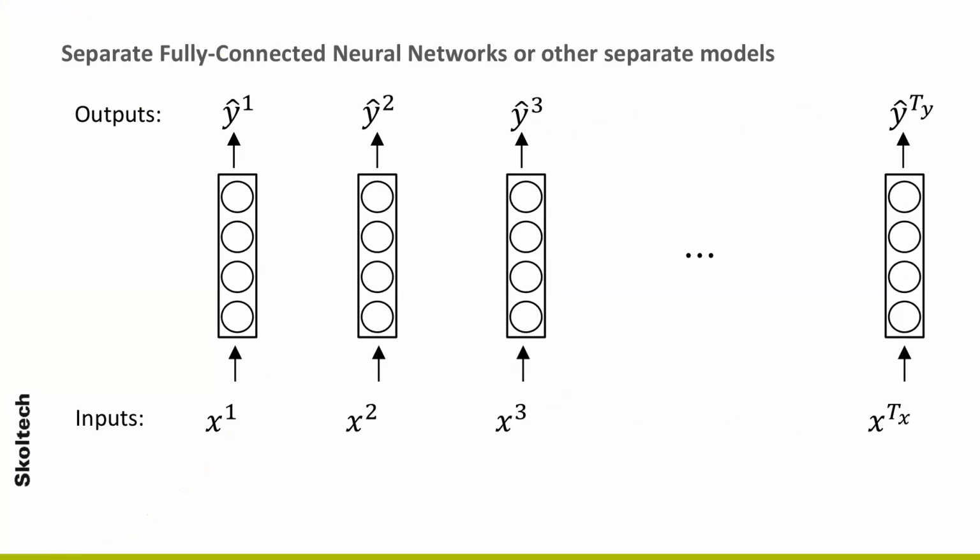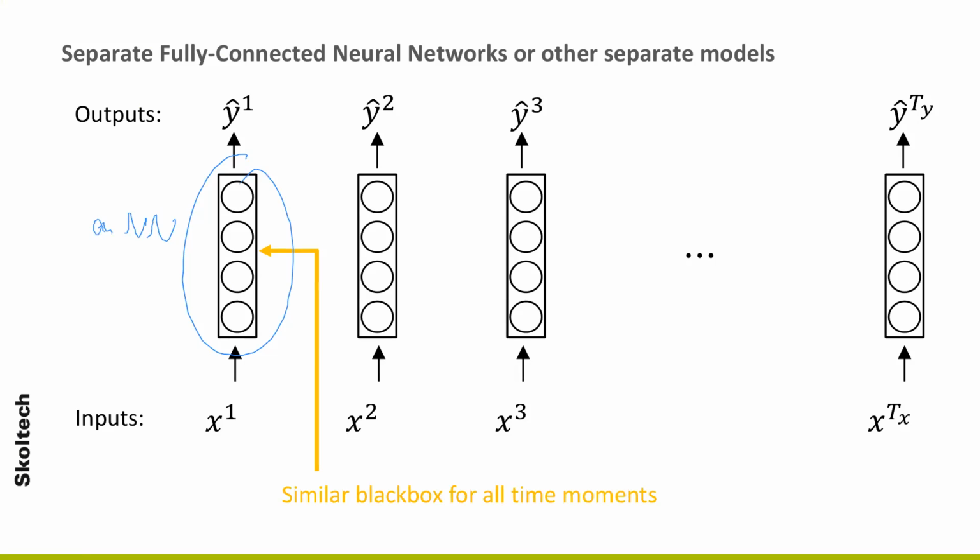So for each input, we should have some model. So this is some neural network model that produces some output, because this is the only way we can go. We can't have a specific model dedicated to specific lengths.